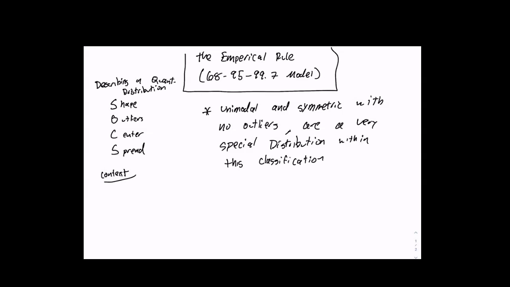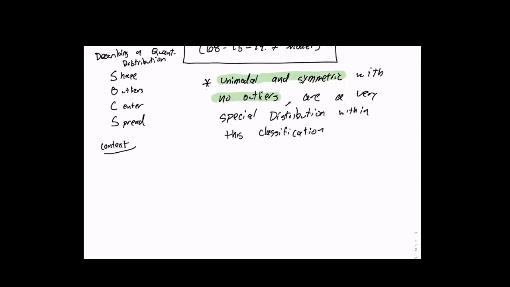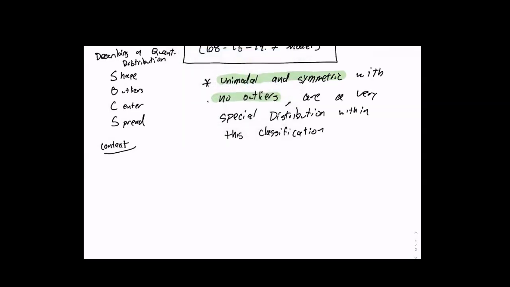So we are really focusing here on unimodal and symmetric, no outliers. If a distribution is unimodal and symmetric with no outliers, because of this, we just need to state the mean and the standard deviation for center and spread.